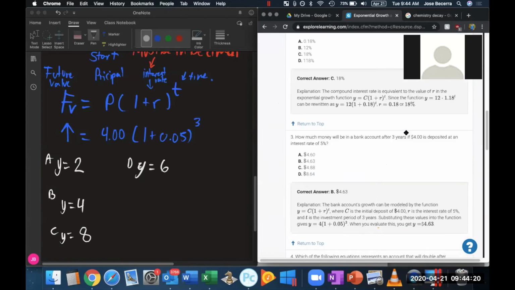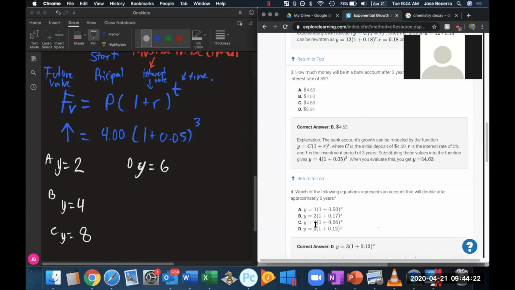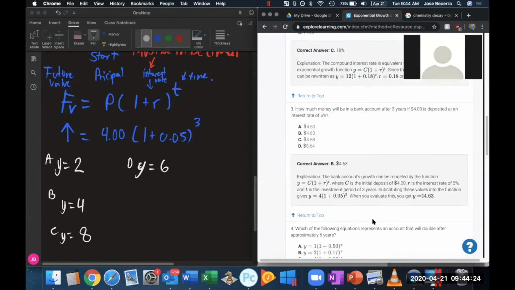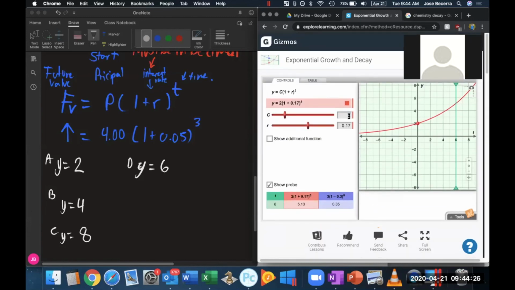Let's try the next one. 4 and then 0.06. Okay, did that one double? No, it didn't. We're looking for 8.